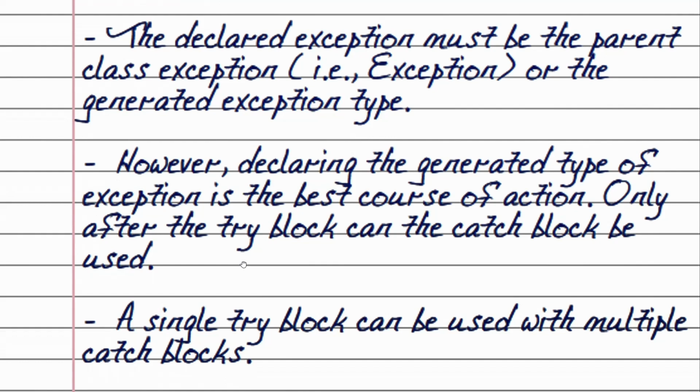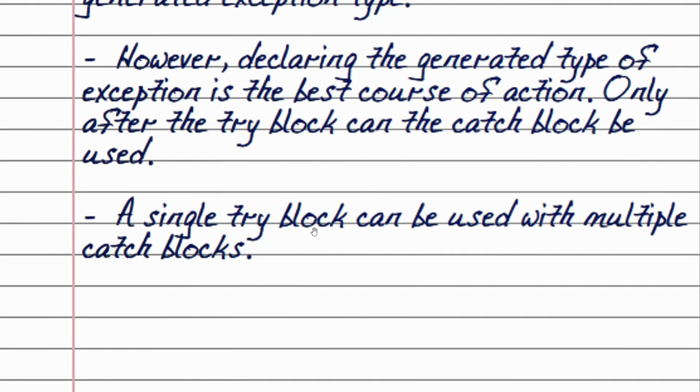We cannot use a catch block independently. First we have to use the try block, then after that the catch block. A single try block can be used with multiple catch blocks.